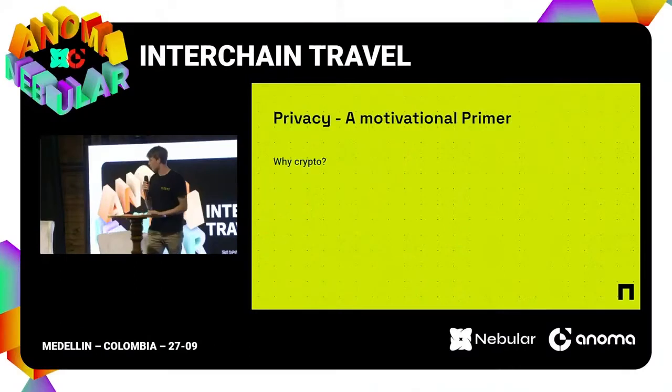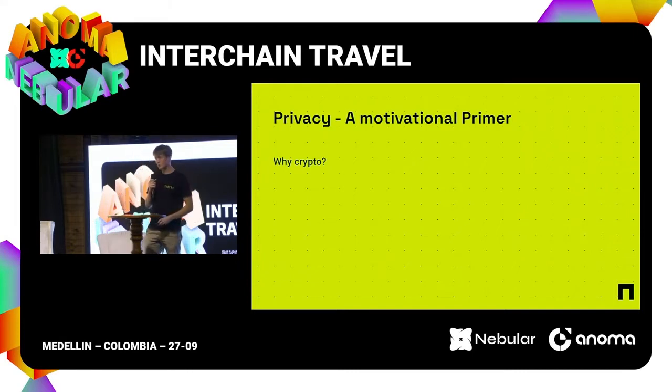So to start this presentation, I'd like to motivate why we care so much about privacy. Well, first, I like to think about why am I so into cryptocurrency? Why am I here? The idea is that I want to be able to transact in the presence of adversaries.